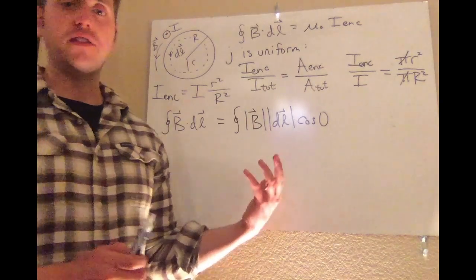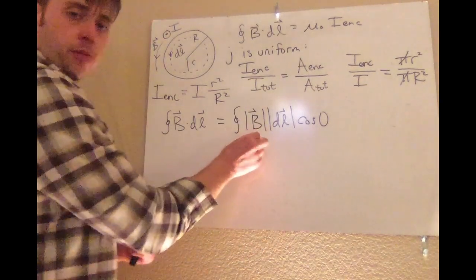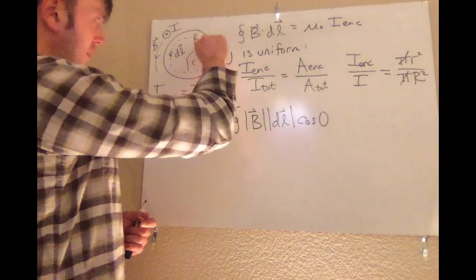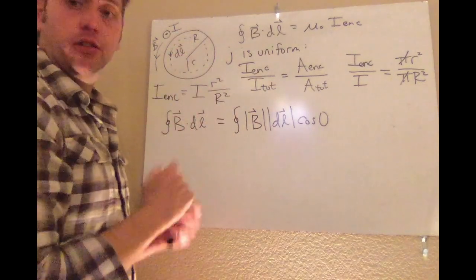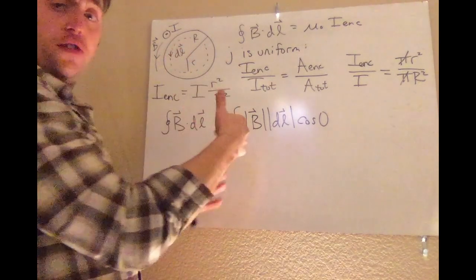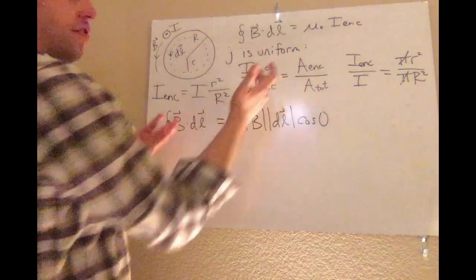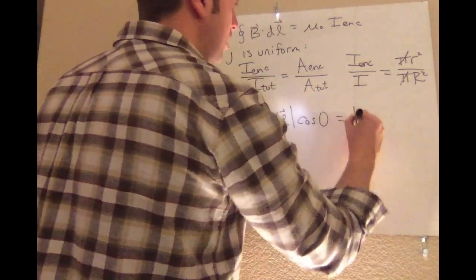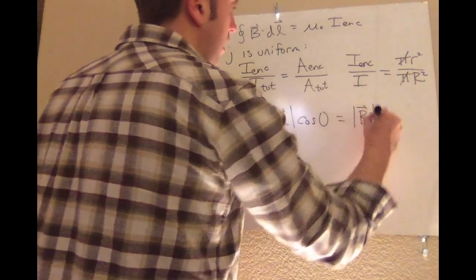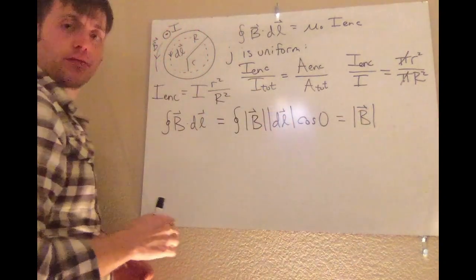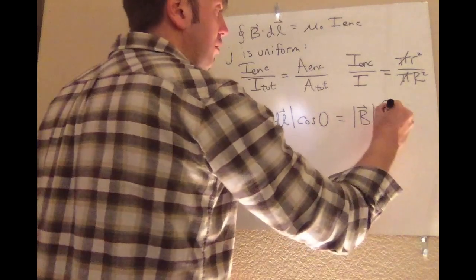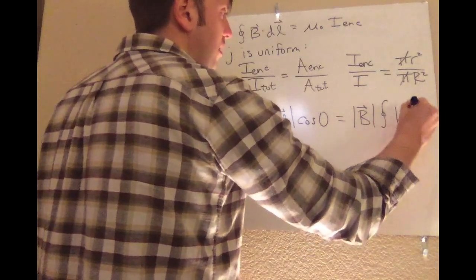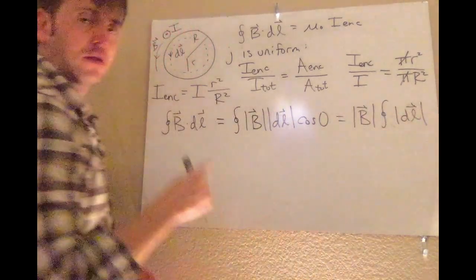And then the next thing to see here is that the B field, in terms of its magnitude, is uniform all along this loop, because all along this loop we're staying the same distance from the center. So we'll pull out that B as a constant, because it's constant over our loop, and then we'll have the integral of dl cosine of 0, which goes to 1.